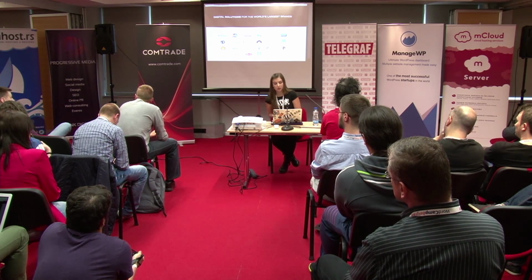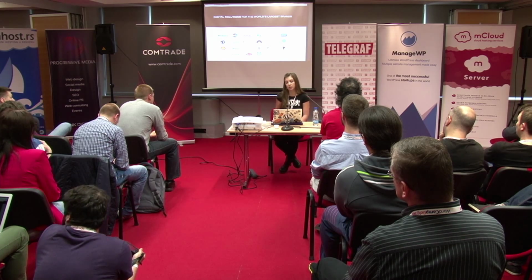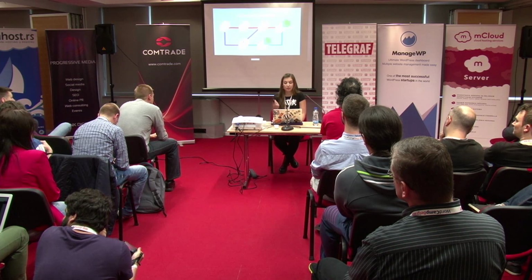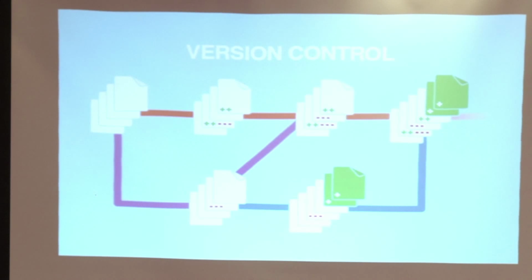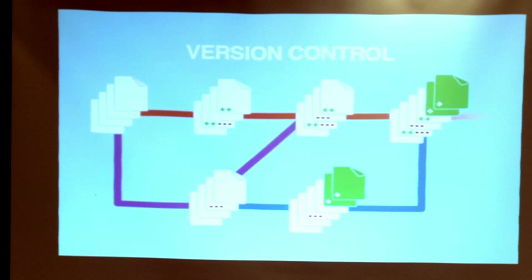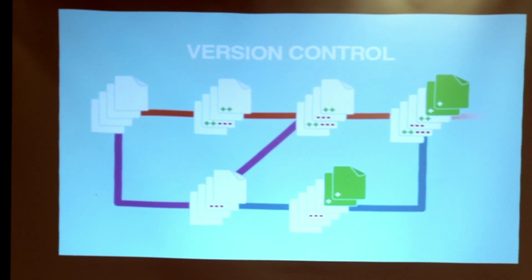So what is really important in my work is the version control system, because I usually need to know who, when, and why changed some kind of code. I also use it to work in a really distributed company.